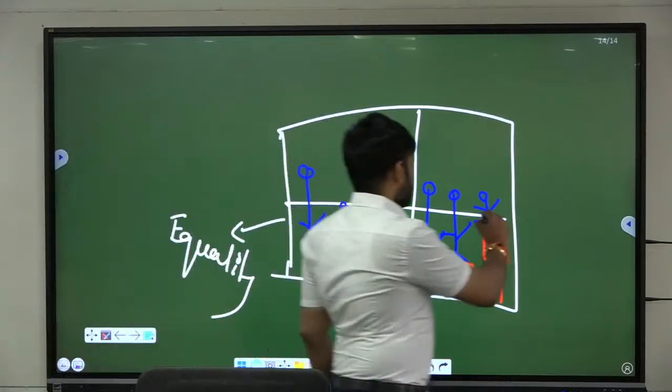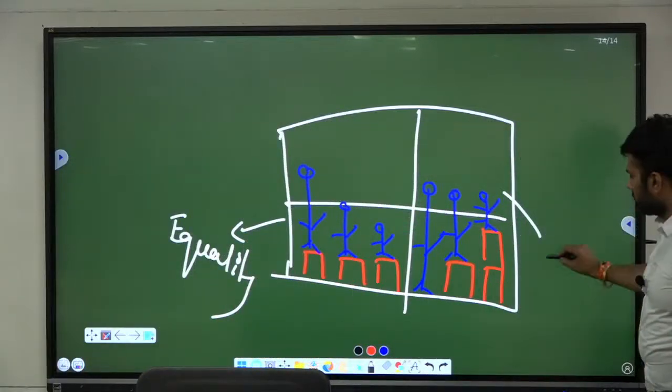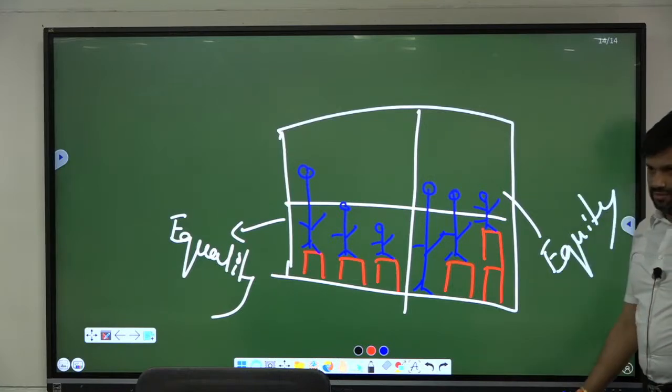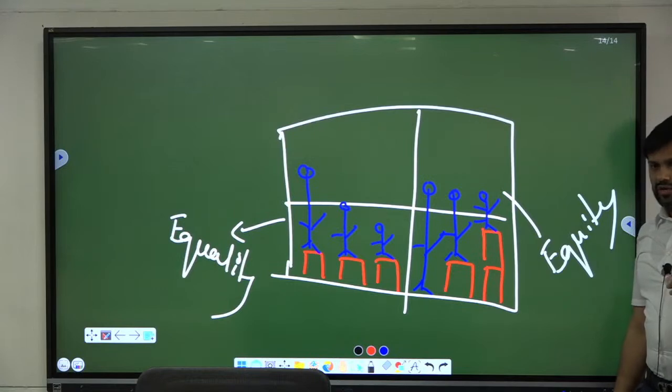Scenario B, we call it equity. So you need to understand the difference between equality and equity.